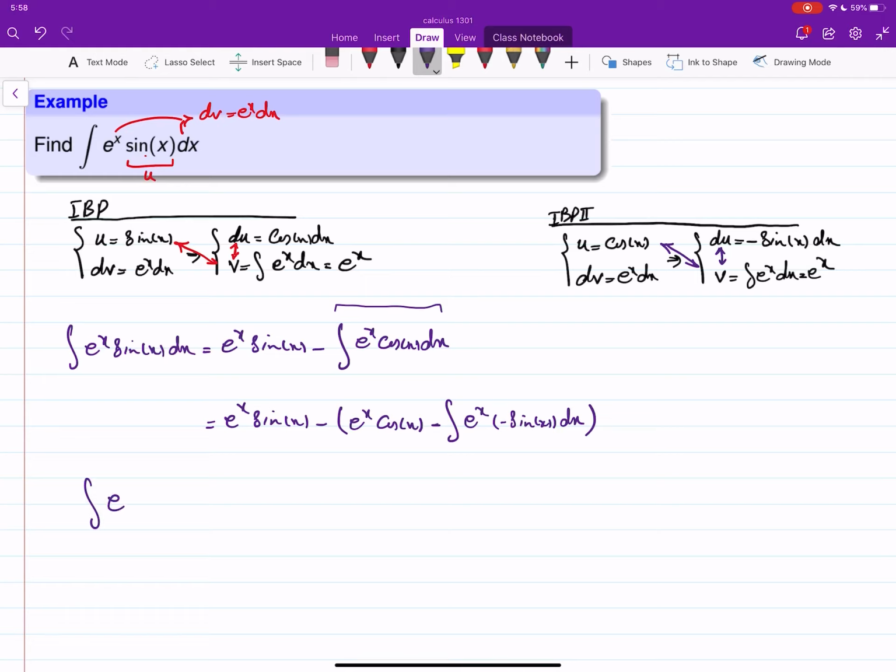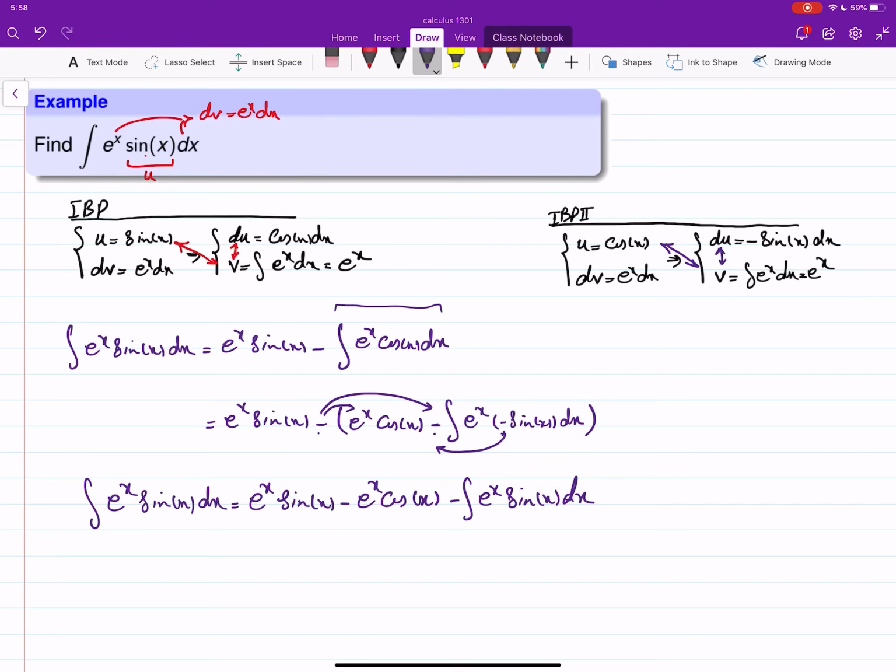So the integral of e to the power x sine x dx equals: the first term is e to the power x sine x. The second one, I should multiply the minus signs in, so this is e to the power x cosine x. And then there is this minus sign also inside. There are three minuses, 1, 2, 3. So that will give me minus the integral of e to the power x sine x.